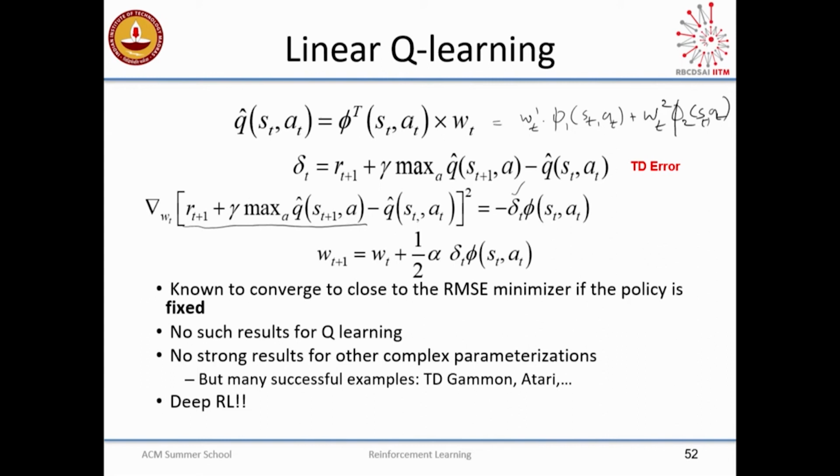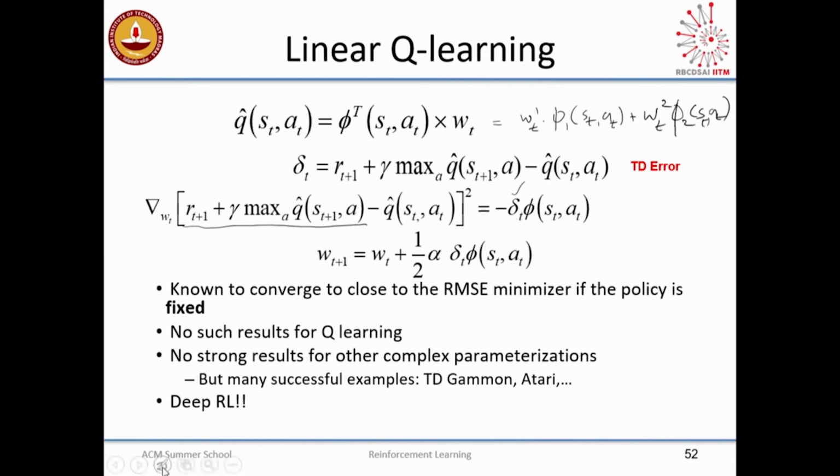The derivative of this with respect to w is just phi. And since it's minus here, I'll get minus delta t phi of s_t a_t. So my overall update rule is w_t plus 1 equal to w_t plus half alpha delta t phi of s_t a_t. This is a very simple gradient descent rule. No need to do backprop or anything, just one layer here, okay?